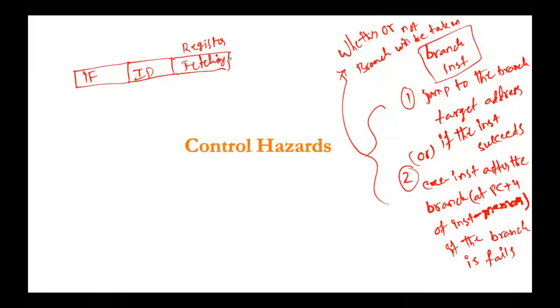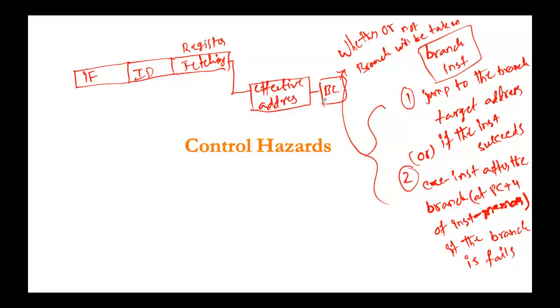Then in the execution stage the effective address is calculated, and once it is calculated, the branch will be complete.